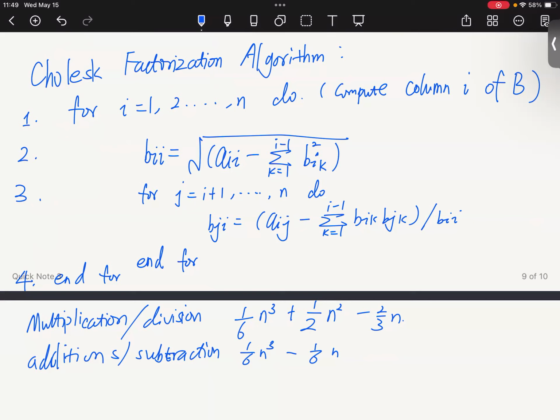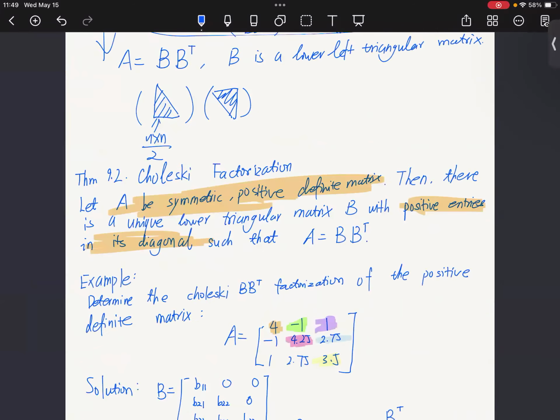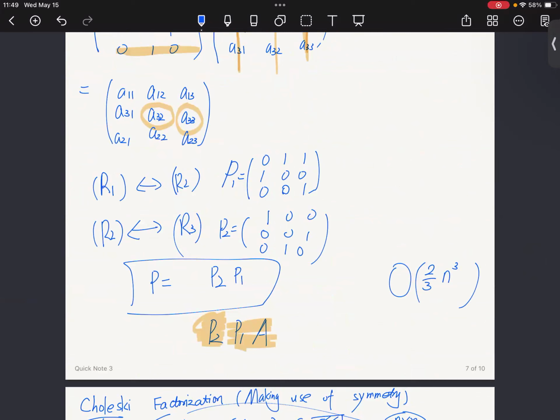So approximately the total number of operations we need is just 1/3 n cubic. And this is very good compared to what we have for the Gaussian elimination. This is 2/3 n cubic, and then we cut down the cost of the calculations to 1/2.